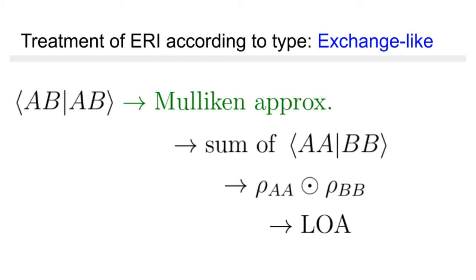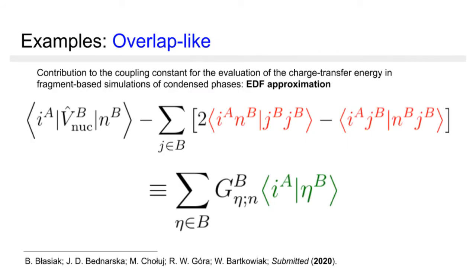Let's look at some examples illustrating the use of those three distinct OEP procedures. This expression is used to calculate the charge transfer energy between two molecules. Originally, it will require to compute matrix elements of the nuclear attraction one-electron operator, as well as a collection of overlap-like electron repulsion integrals, shown in red.